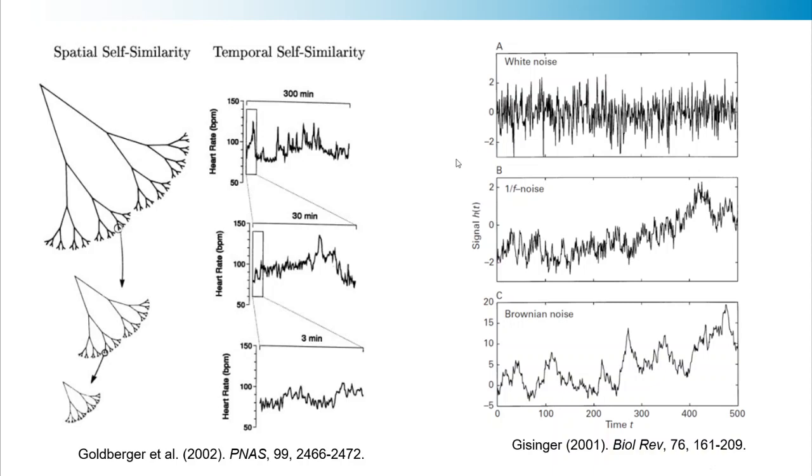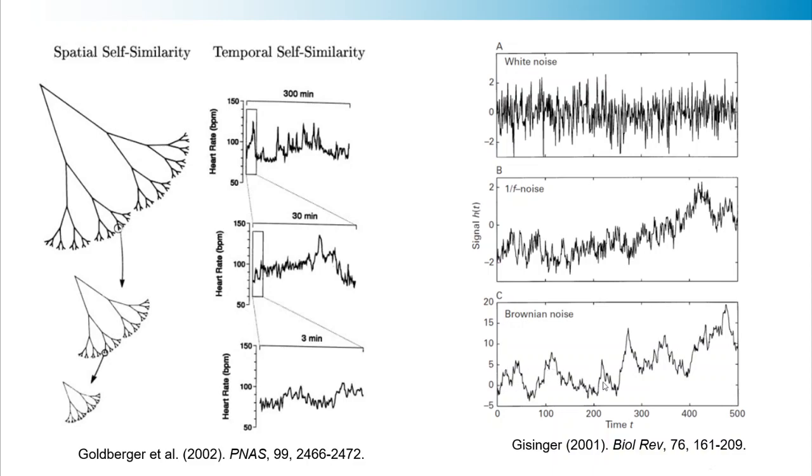But here we have 1 over f noise. This is called pink noise, and this represents a fractal pattern. So this represents this temporal self-similarity. We also, though, have Brownian noise, sometimes called red noise, and this is where you have not 1 over f, but 1 over f squared. And essentially what that means is that you have a slightly less complex pattern.